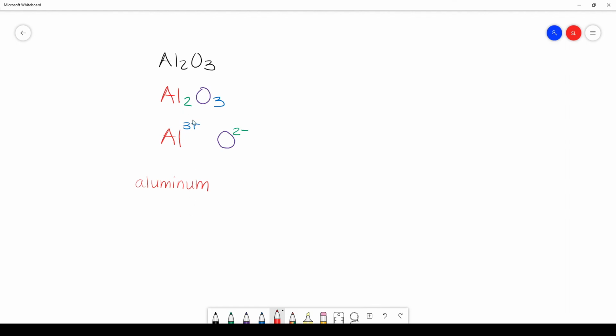I do not include a Roman numeral 3 because aluminum is always a 3+ when it's an ion. It is never anything else. You only include the variable charges as Roman numerals in parentheses. So I just leave this as aluminum. It's not more right if you add the 3. It's actually wrong, so don't add it. Cation name is aluminum. Anion name is oxide. So the name of Al2O3 is aluminum oxide.